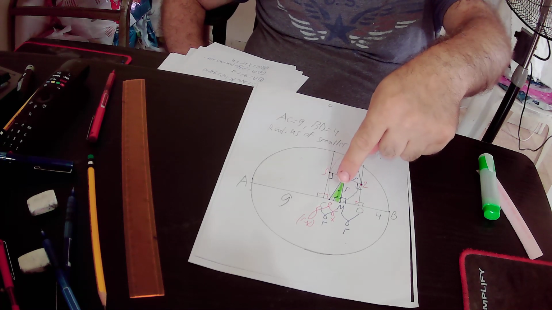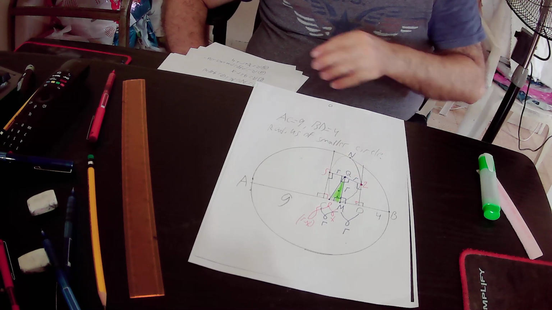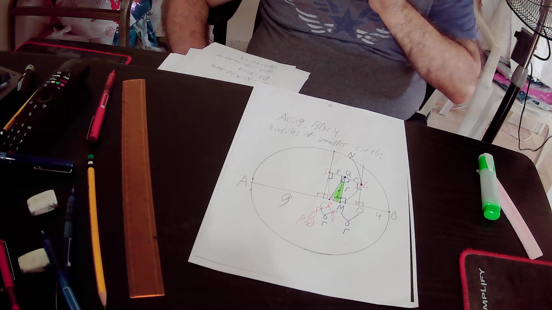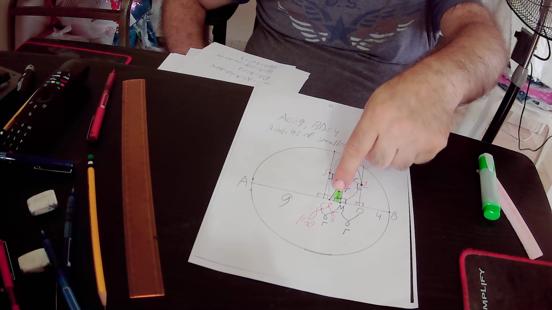So here we have a quadrilateral with 4 right angles. Therefore, according to rule number 3, this quadrilateral is a rectangle.